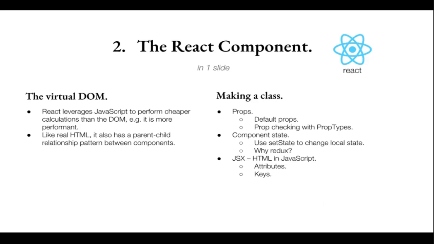Removing or adding elements, what we call modifying the DOM, the document object model, is a really expensive operation. JavaScript execution is much cheaper to do. So one thing React does is it tracks the entire HTML tree, all your elements, all the attributes, everything, inside JavaScript. It mirrors what's happening in the browser.